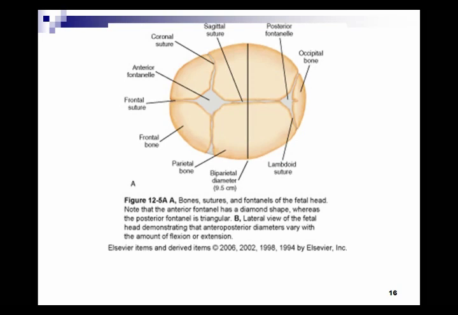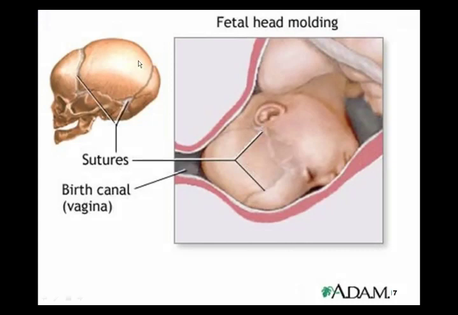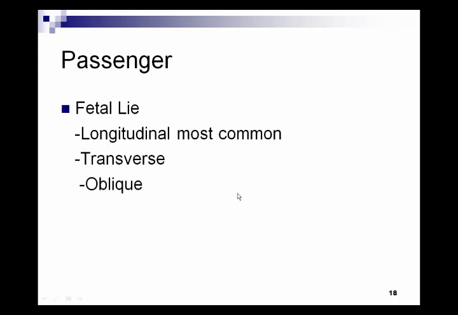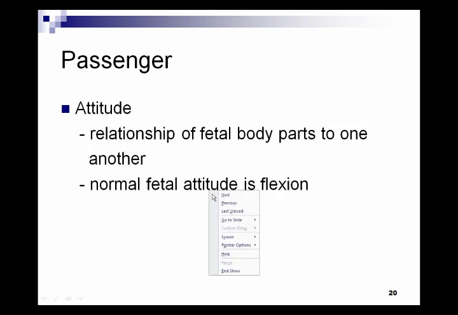Most fetuses enter the pelvis in the cephalic presentation, but we can have several variations. This is just showing you the fetal molding. We also have fetal lie, longitudinal versus transverse, and we have oblique.